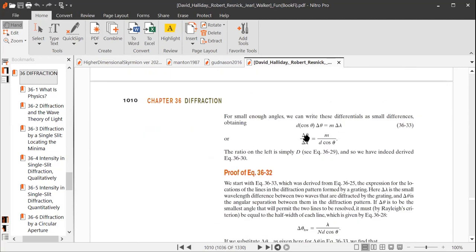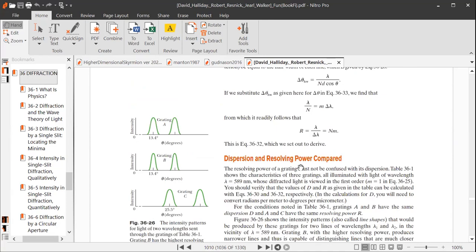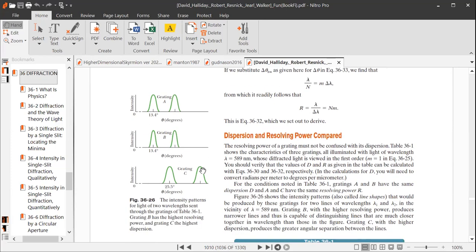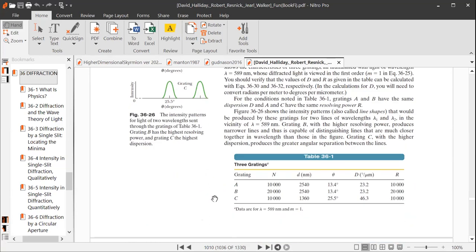Okay, this is the proof. So this is the picture of the intensity patterns for light of 2 wavelengths sent through the grating, table 31.6. For example, this is grating A, the number of slits is 10,000, B is 20,000, C is 10,000, okay?